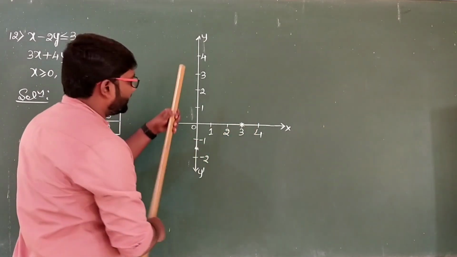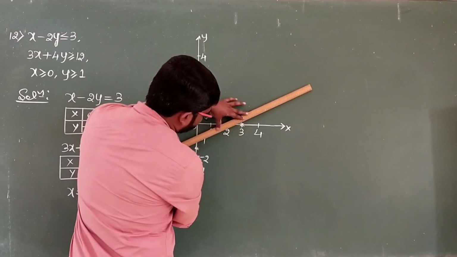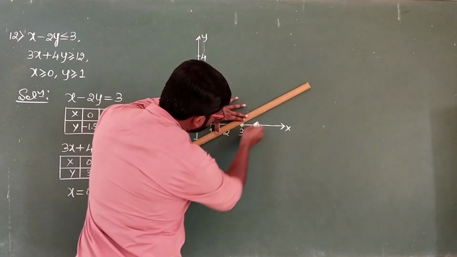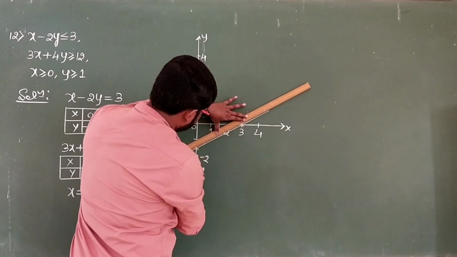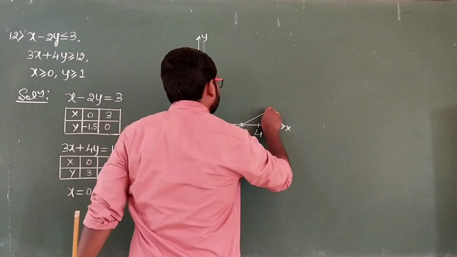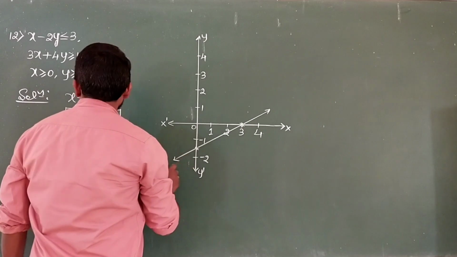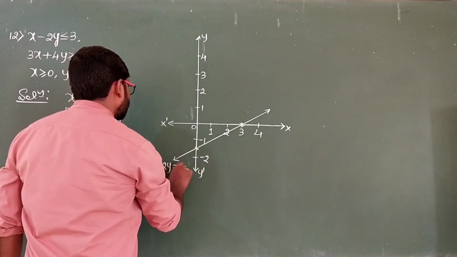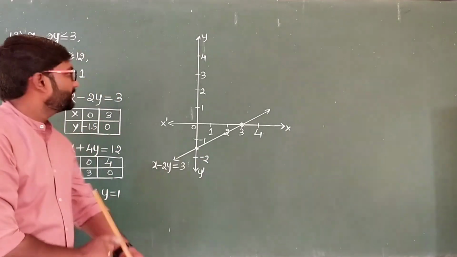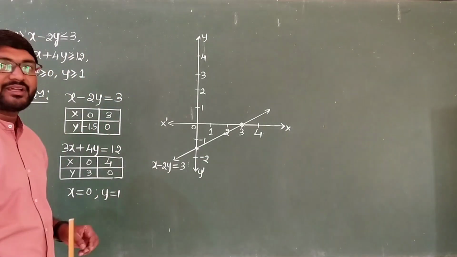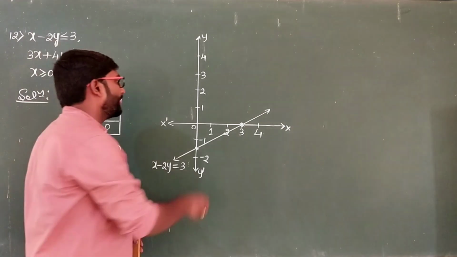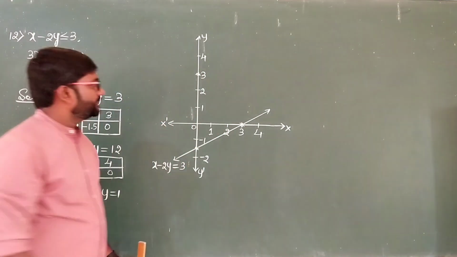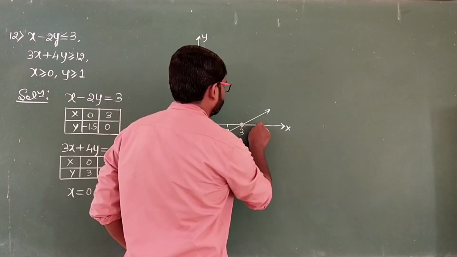So we have to join these 2 points with the dark line, and put the arrow mark on both the sides. Write the equation here, x minus 2y equals 3. Next we have to take the second one, 3x plus 4y equal to 12, 0 comma 3. So it is this point, and then 4 comma 0, it is this point.